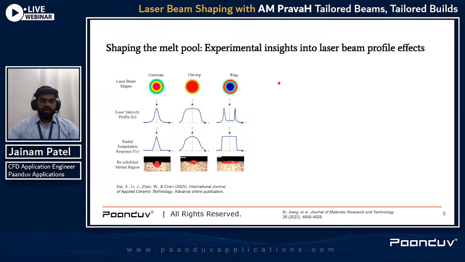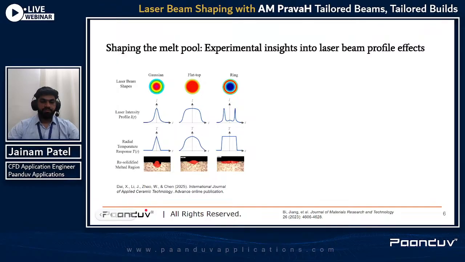Now the experimental insights into the laser beam profile. This slide shows the experimental insight into how different laser beam profiles affect the manifold and resulting part quality. On the left, we compare three common beam shapes: flat top, ring shape, and Gaussian. The flat top profile delivers uniform energy across the spot, leading to stable manifolds and consistent layer fusion.